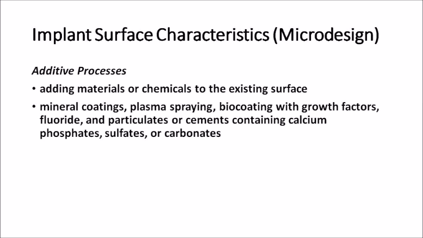Additive processes mean we are adding some materials or chemicals to the surface of the implant. This can be mineral coatings, plasma spraying, biocoating with some growth factors, fluorides, or cements containing calcium phosphates, sulfates or carbonates. All these we do to improve the osseointegration of the implant to the bone. This is the additive process.